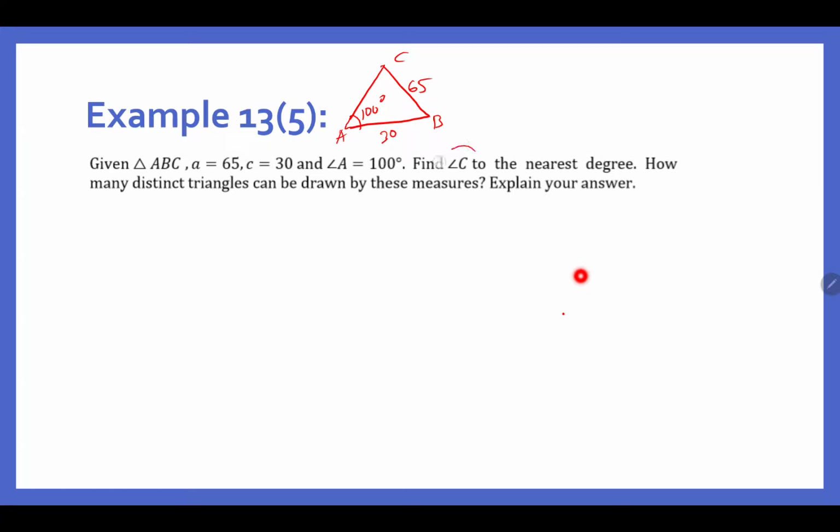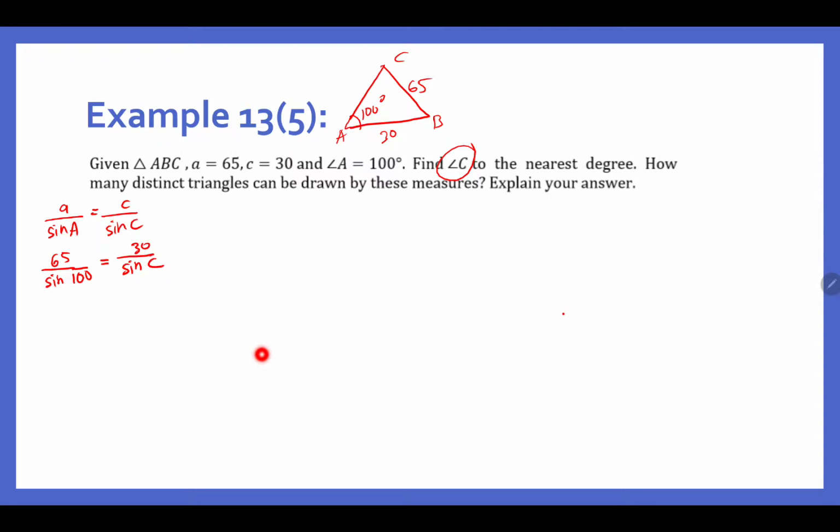Find angle C to the nearest degree. How many distinct triangle can be drawn by this measure? Ini pun kita pakai law of sine. A over sine A equals C over sine C. So 65 over sine 100 equals 30 over sine C.